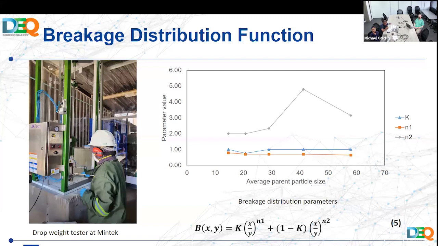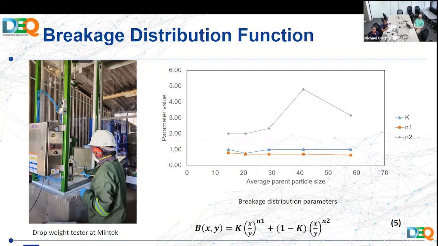It's evident that the parameters are not sensitive to the sizes we were testing, from about 60 millimeters down to about 30 millimeters. The sensitivity of the breakage parameters to those different sizes is not significant. But you will see that the N2 parameter seems to be wobbling around.